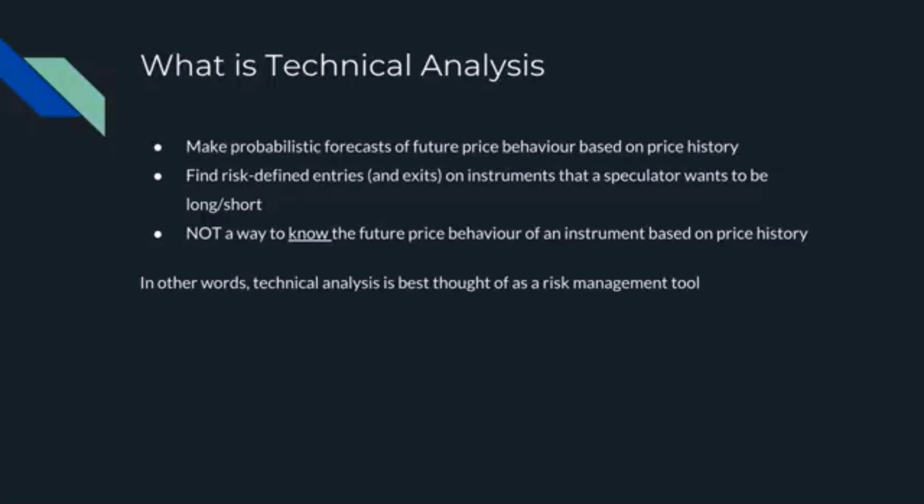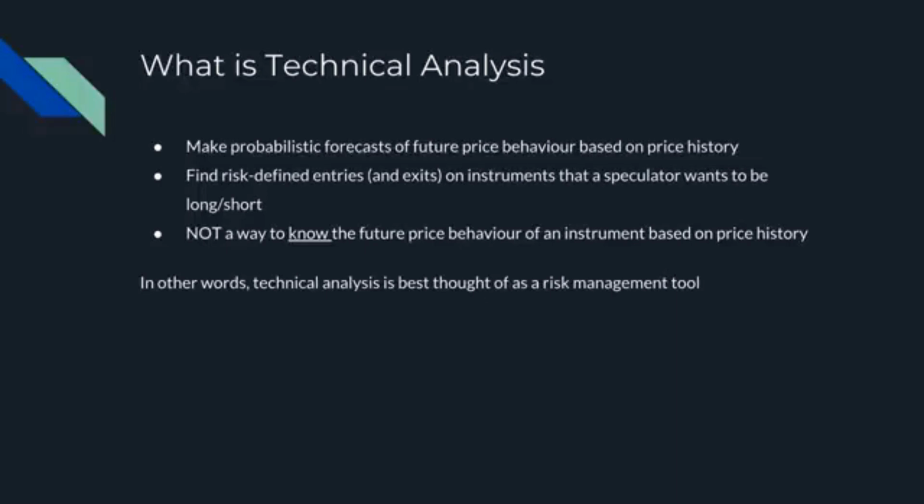The third point is really the most important: technical analysis is not a way to know the future price behavior of an instrument based on price history. There's no knowledge here. We work with probability, we work with odds, and we work with chance. It's not the case that once you learn TA, you can simply look at a chart and know where price is going.